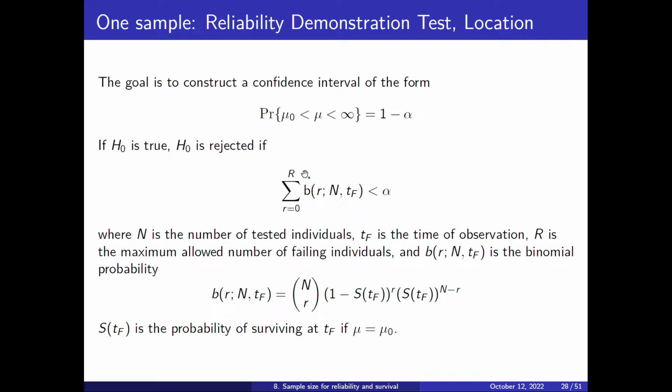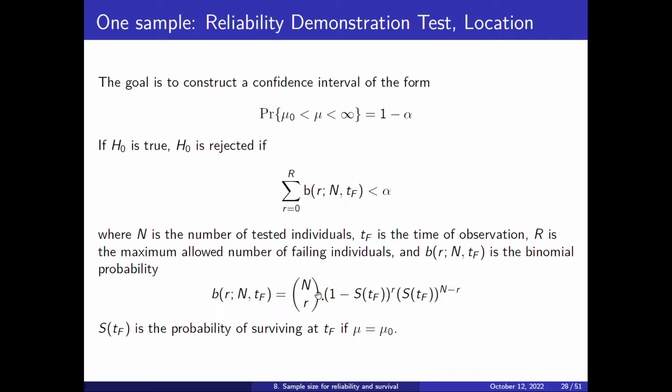This is a parameter you choose when you design your experiment, and this b is the binomial probability with n and tf parameters. So this r is the number of spoiled bottles that you have observed, and then the parameters are n, the number of bottles, and tf, which somehow is not the probability parameter, but it fixes the survival at tf. Tf is the observation time, so the 2 months in our example.